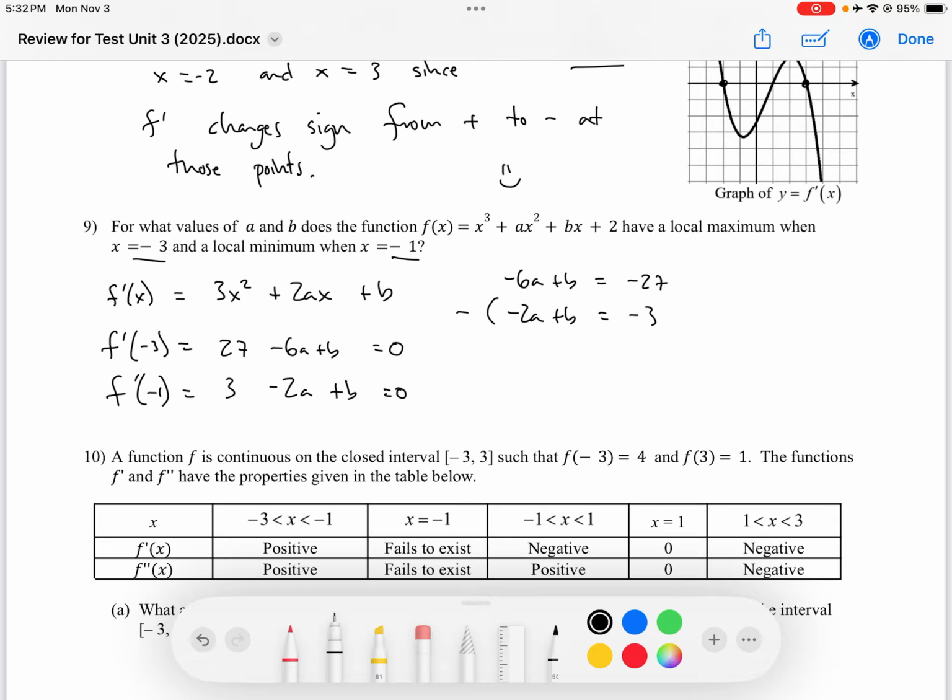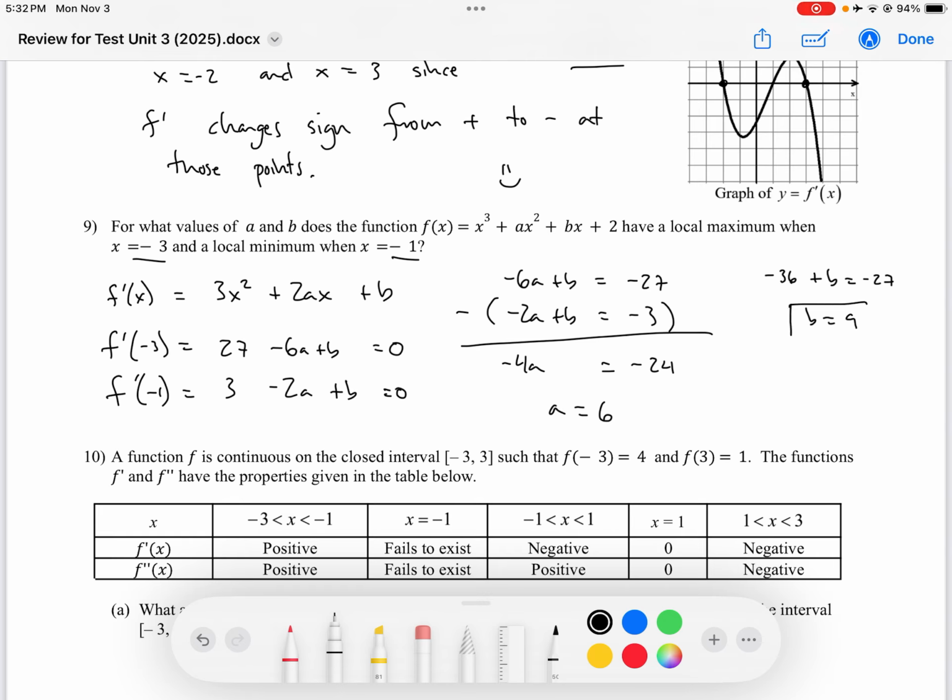So let's subtract this from the top, and we should get negative 4a equals negative 24. And so a is going to equal 6. If a is 6, then negative 36 plus b equals negative 27. So b is equal to 9.